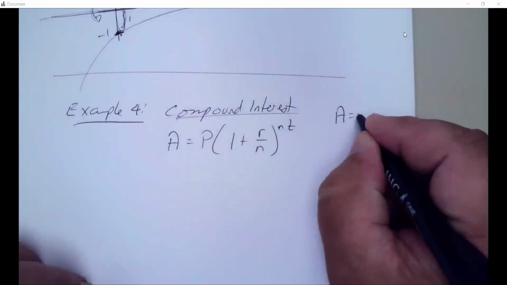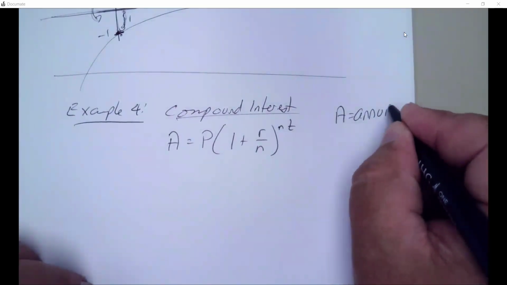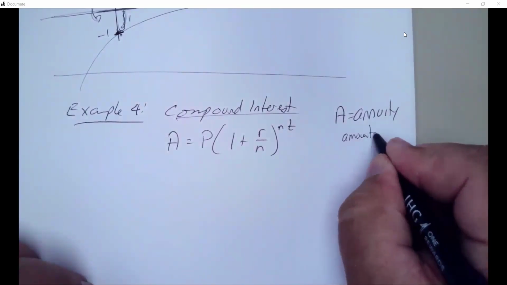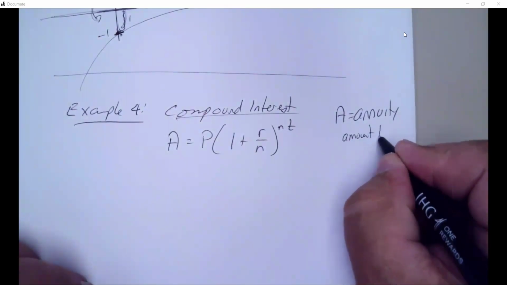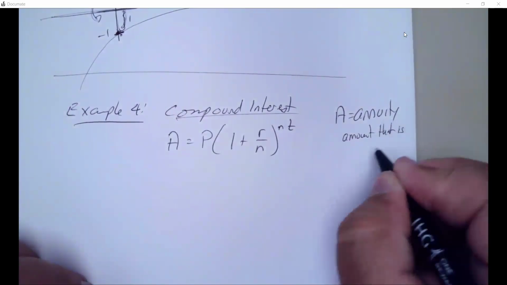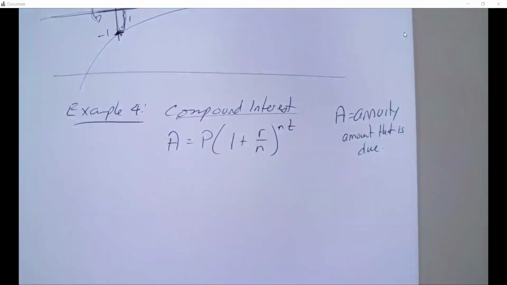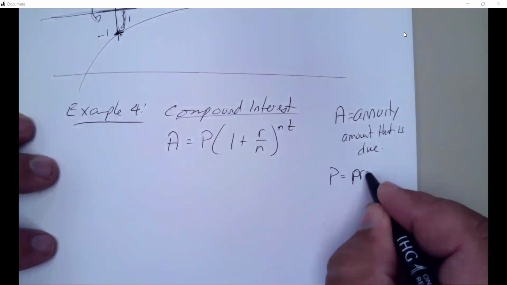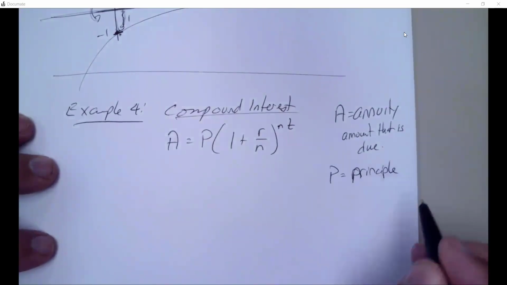A is called an annuity. Amount that is due or owed. That's how much money it's worth. P is the principal.